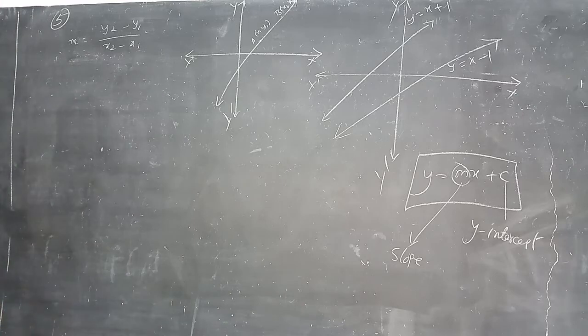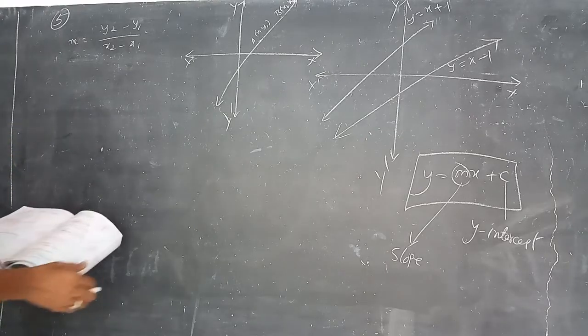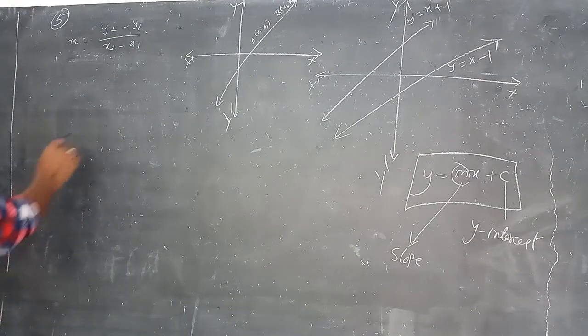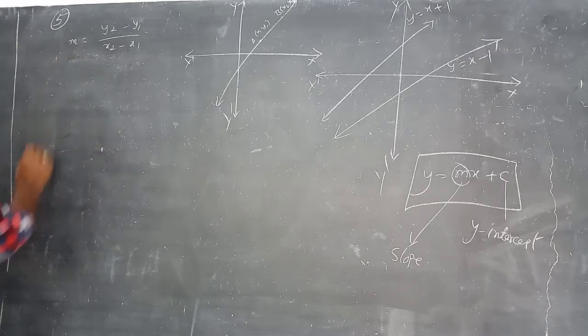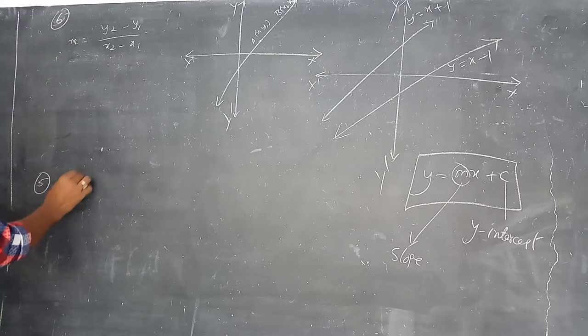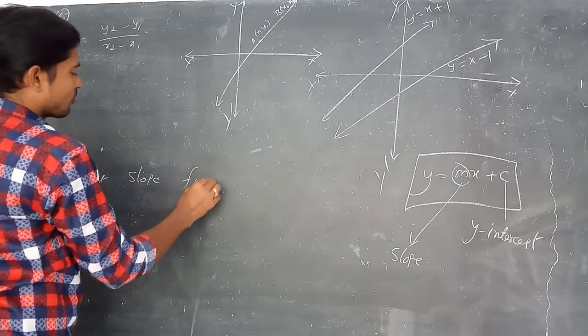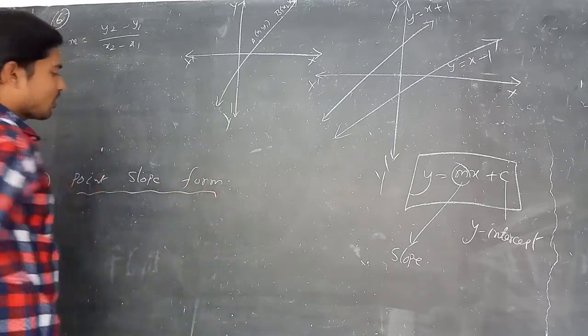Then the equation is the point slope form.